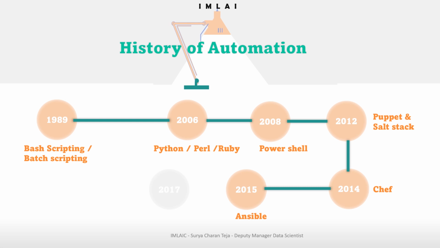It was acquired by Red Hat, and now you have a lot of things in Ansible. You have Ansible Tower and enterprise versions. Ansible came with an idea of simplicity, having very simple code to manage your huge infrastructure. Of course, Python itself is simple, so whatever you make with Python would be much simpler. That's what happened with Ansible also.